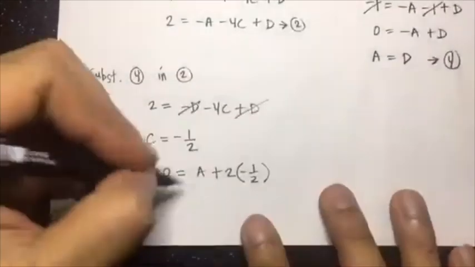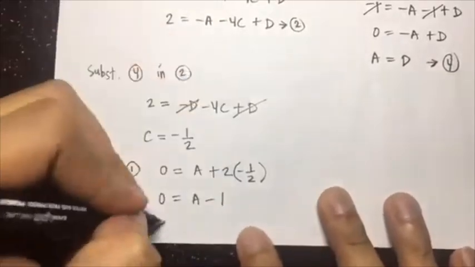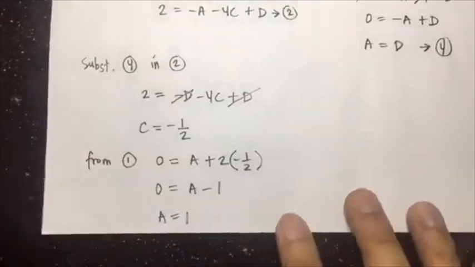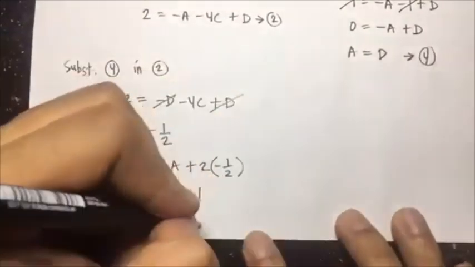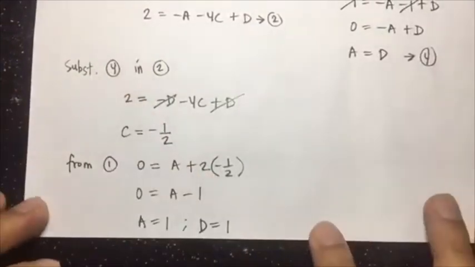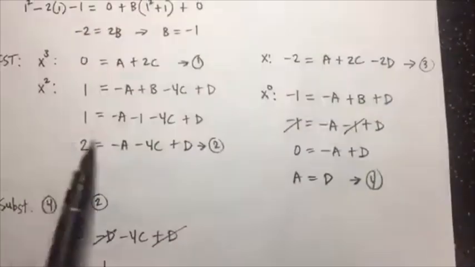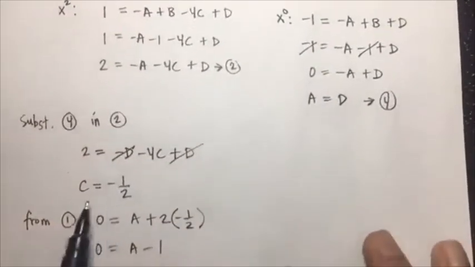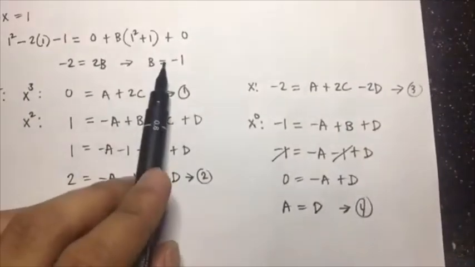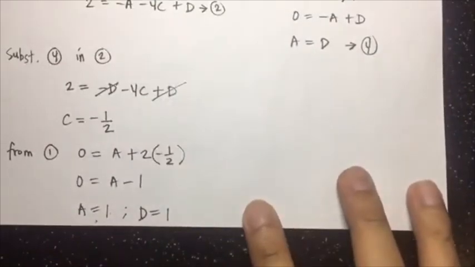So therefore, we'll have 0 is equal to a minus 1, or a is equal to 1. So therefore, from equation 4, d is also equal to 1. Okay? So we now have the values: a is equal to 1, b is equal to negative 1, c is equal to negative 1/2, and d is equal to 1.